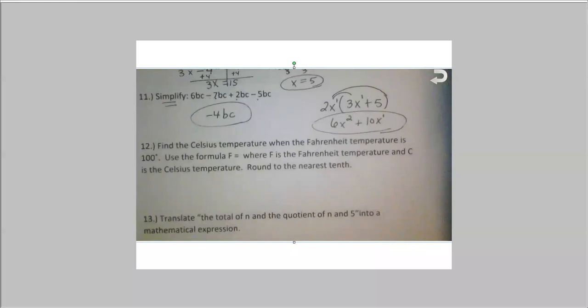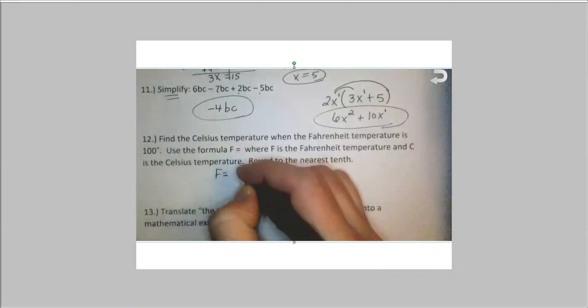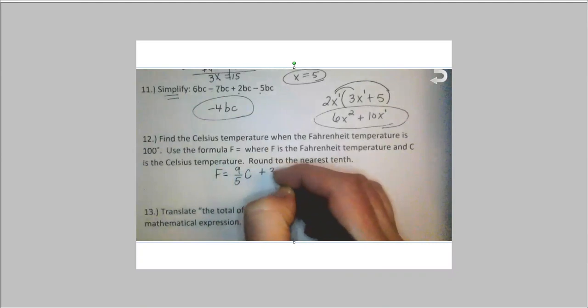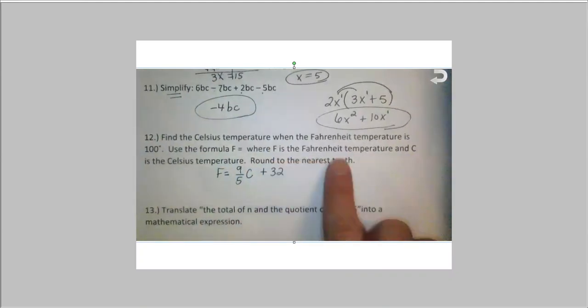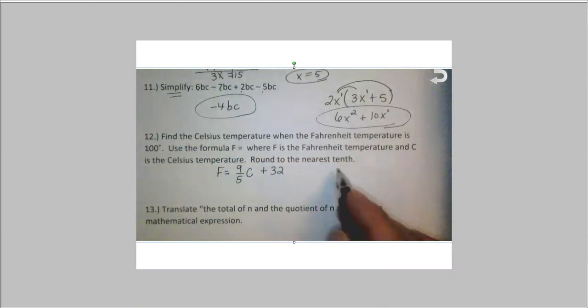All right, number 12 says find the Celsius temperature when the Fahrenheit temperature is 100 degrees. Oh, I'm sorry, this did not copy correctly. So the formula is F equals 9/5 C plus 32, where F is the Fahrenheit temperature and C is the Celsius temperature. If necessary, we're going to round our answer to the nearest tenth, okay?